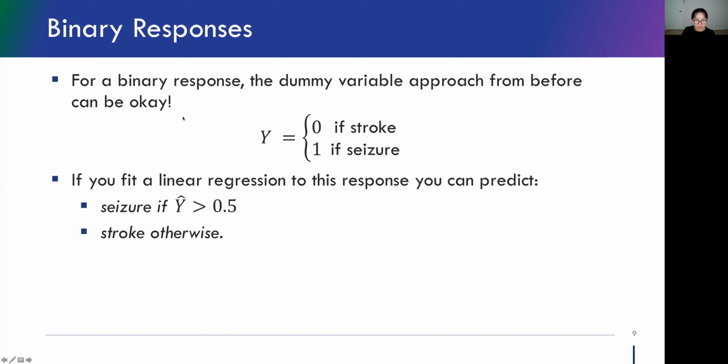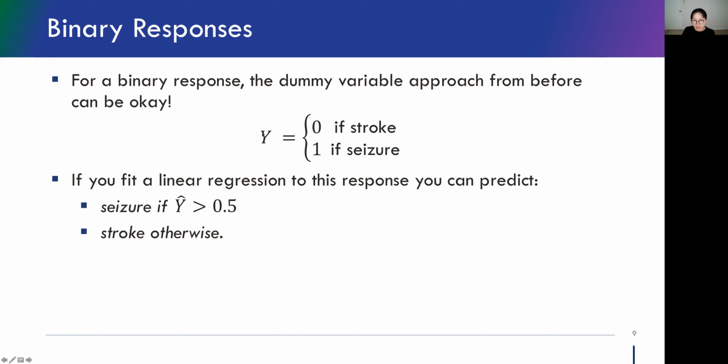And you can have a binary response, right? In which case you can use the dummy variable approach from before. In this example, you set y equal to 1 if it's a seizure, and y equal to 0 if it's a stroke.